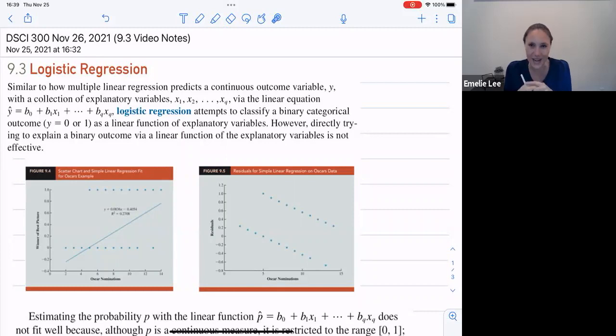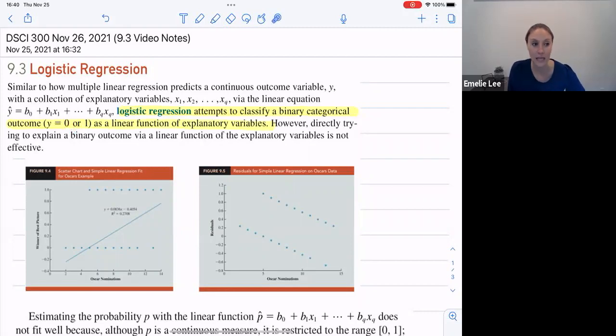Now today is the first time that we're going to see an actual classification method. Logistic regression is the most common one that we use, assuming that we have some binary outcome. So we're classifying a binary outcome, which means it's a 0-1 outcome.